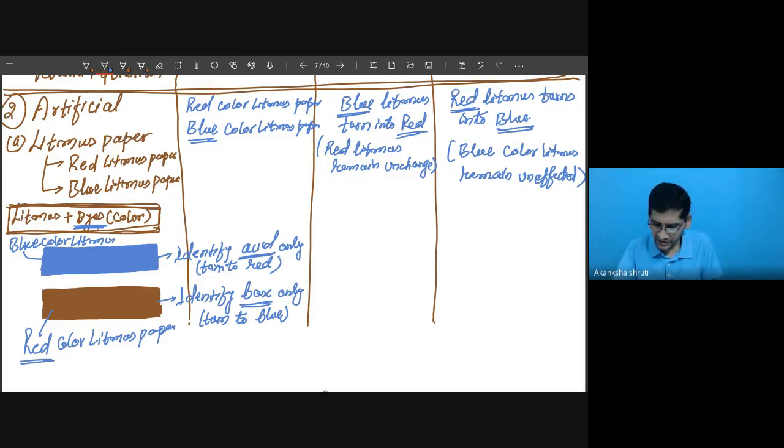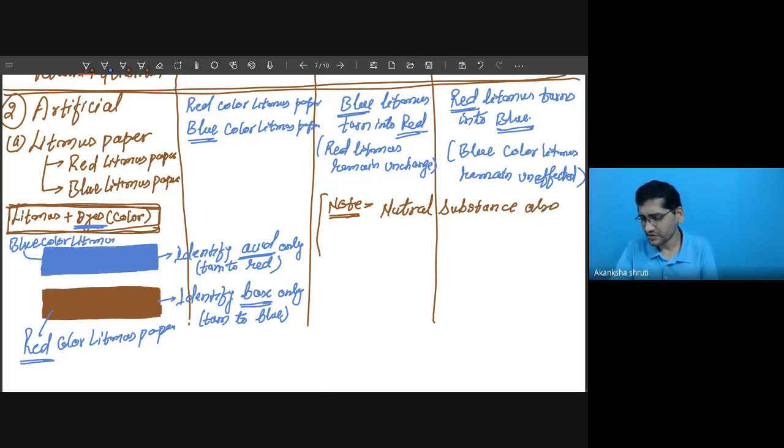Okay, now so write a note also: neutral chemical or neutral substance also do not show any color change on the red or blue litmus.